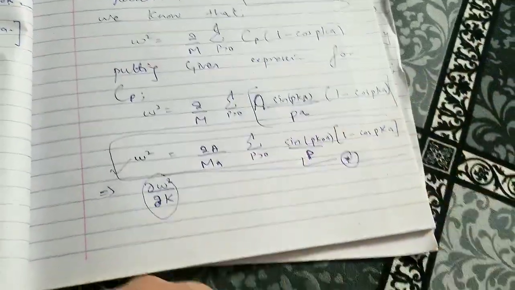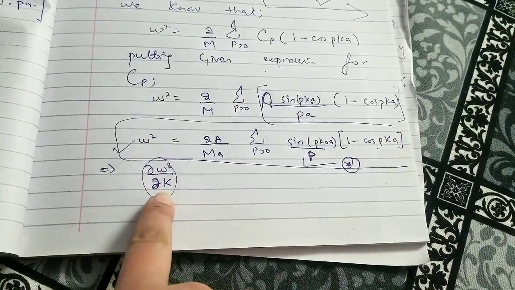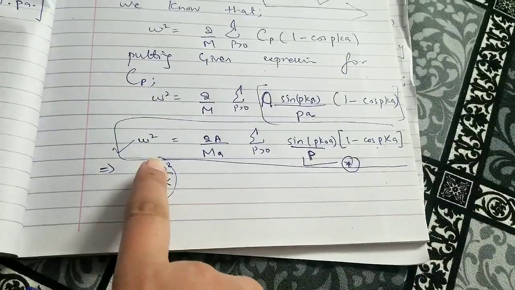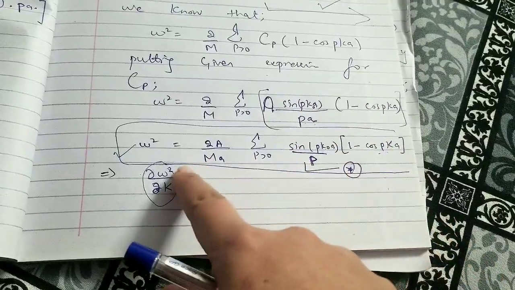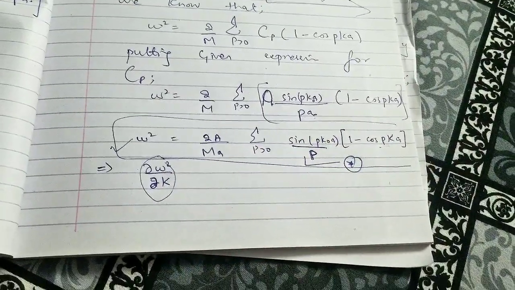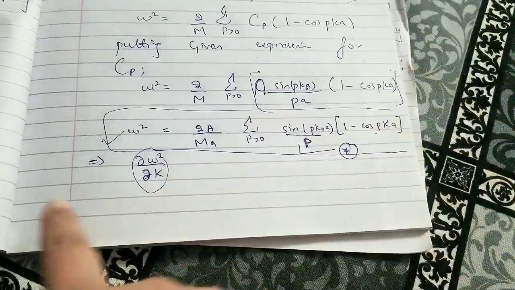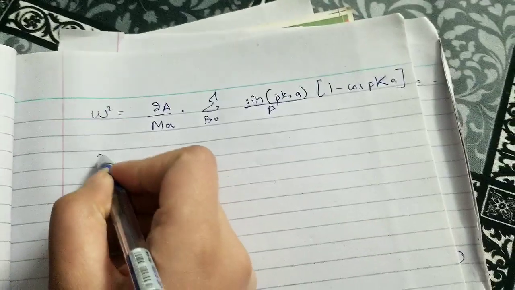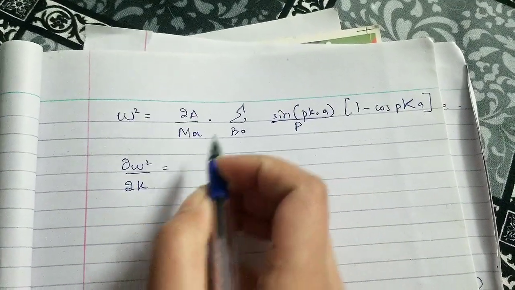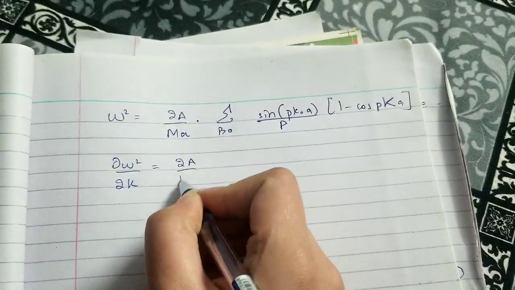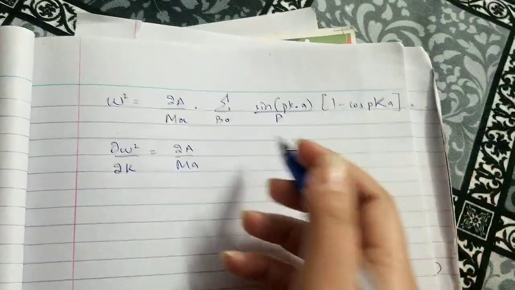Now we need to calculate partial omega square by partial k, which is simply the derivative of this expression with respect to k, and it will be a partial derivative as mentioned. Since these are constants, they will come out of the operator.